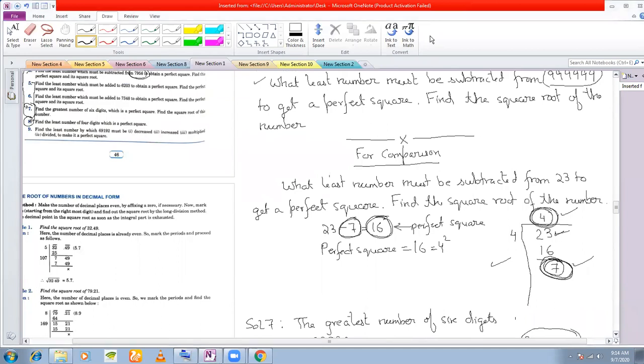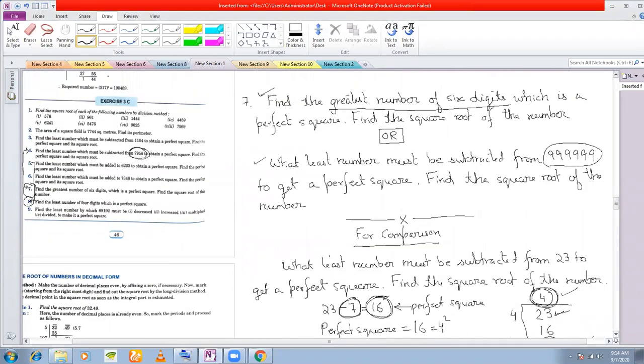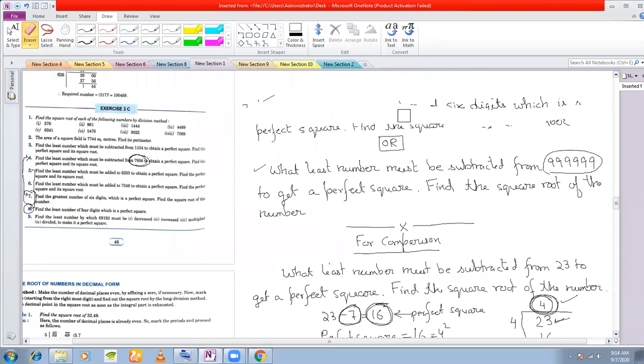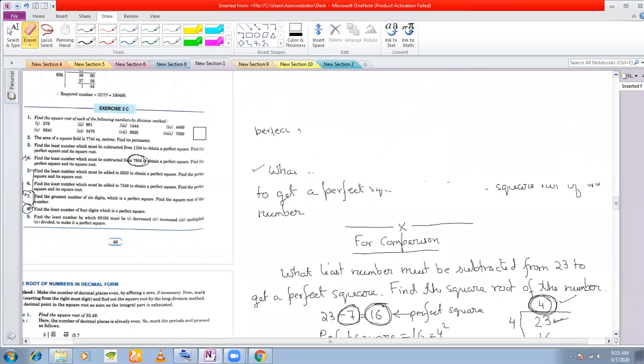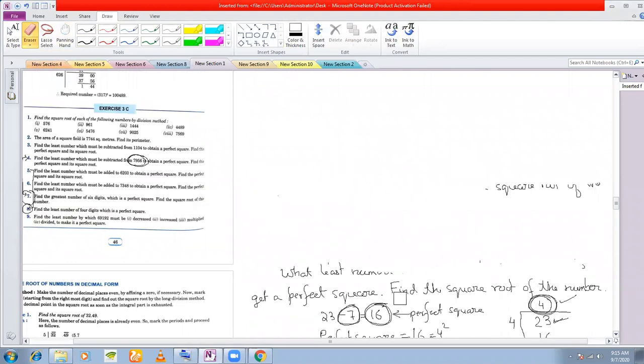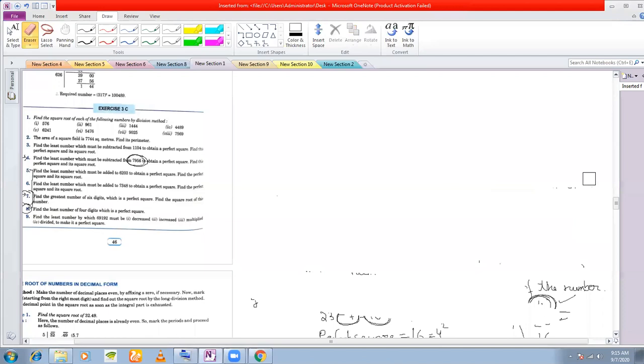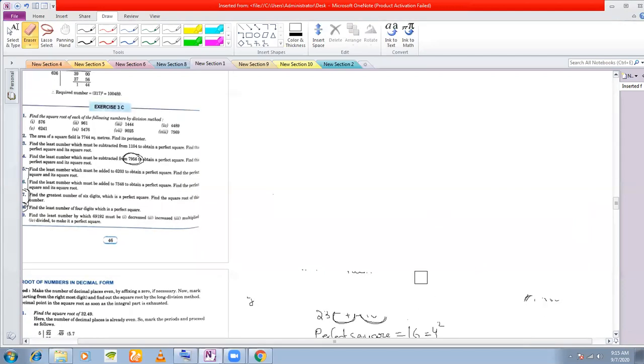So let us do these. The next one, number 8. I will rewrite the question again in this case, and I will again show you a comparison with a small number.